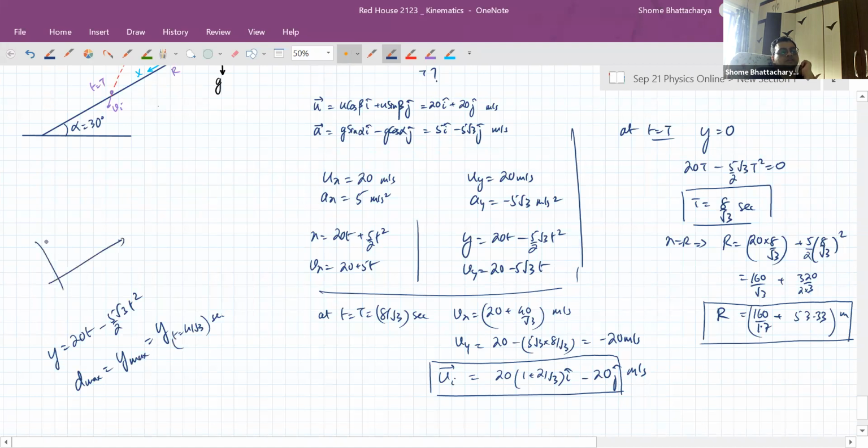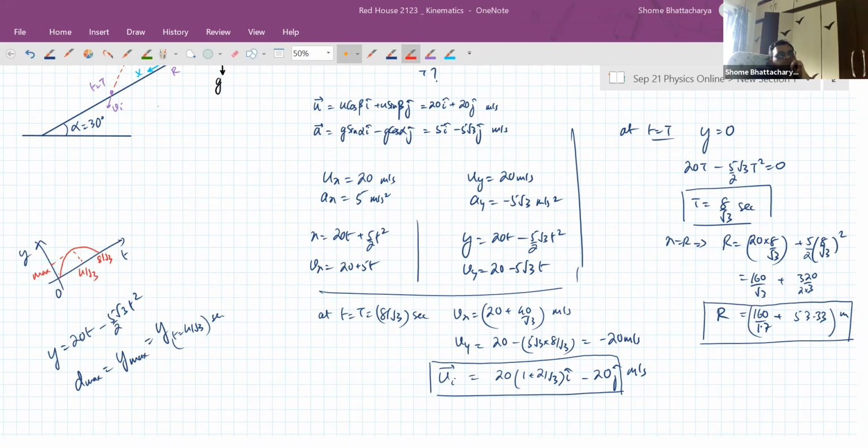So again, that logical kind of method. Yeah, we can write the range very conveniently like this also.